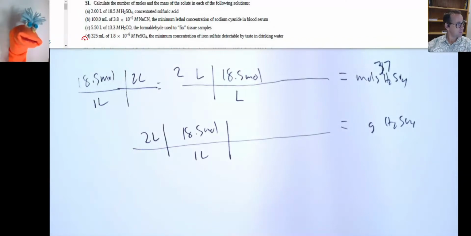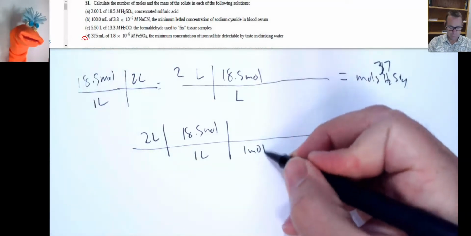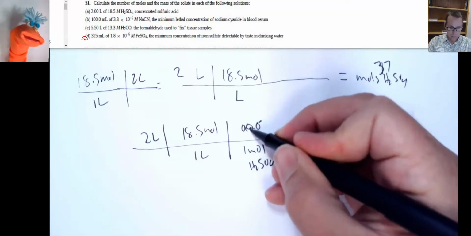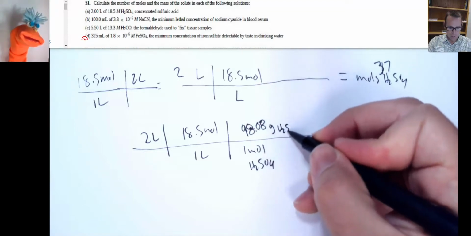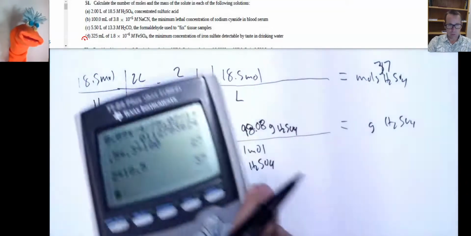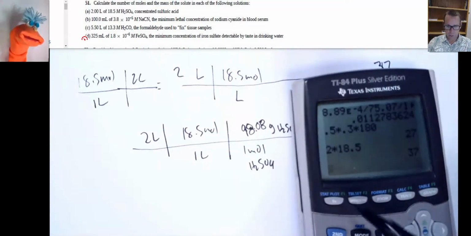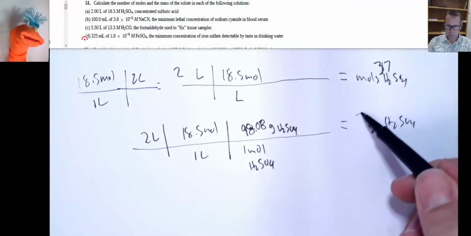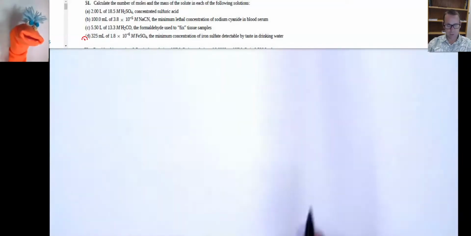Molar mass of sulfuric acid, 98.08 grams of H2SO4. So just 37 times the 98.08, or we can do it again. Yeah, there it is, right? 2 times 18.5 times 98.08. Okay, so 3,628 grams of sulfuric acid and 37 moles of sulfuric acid.